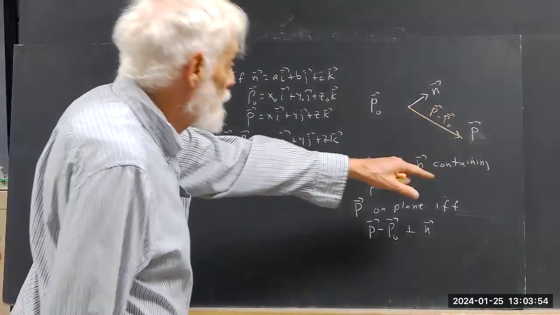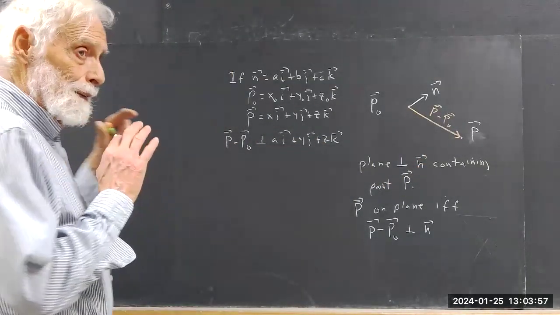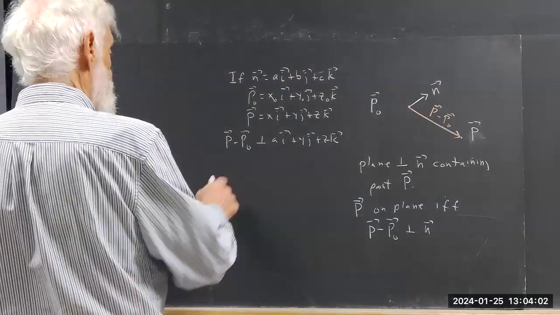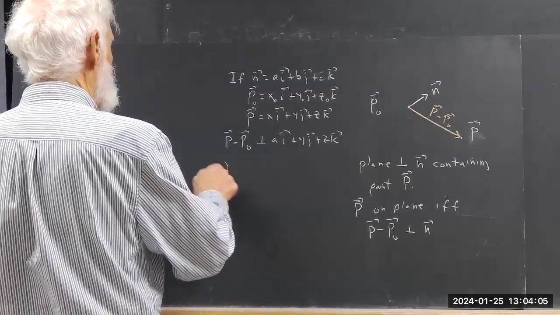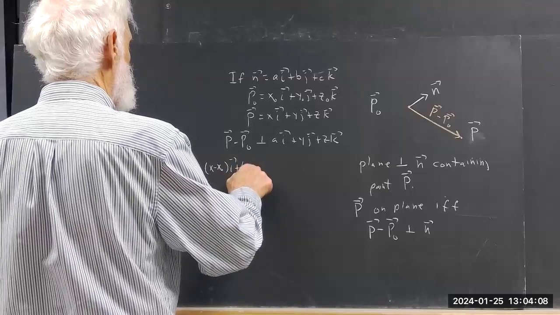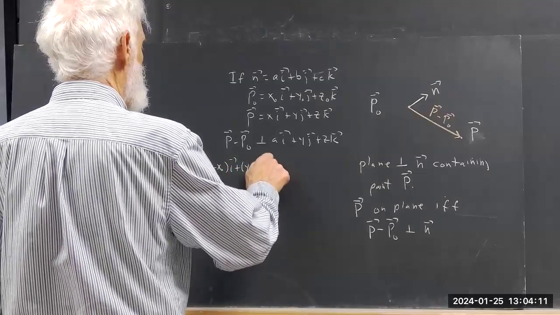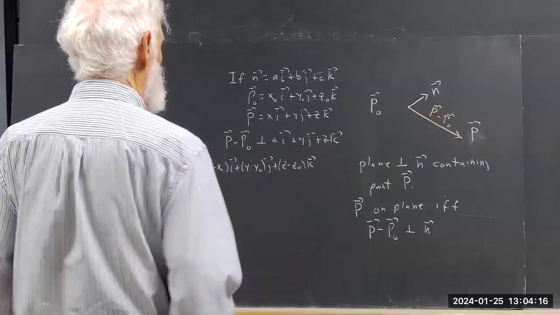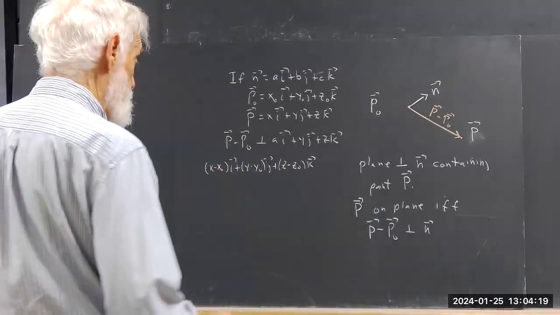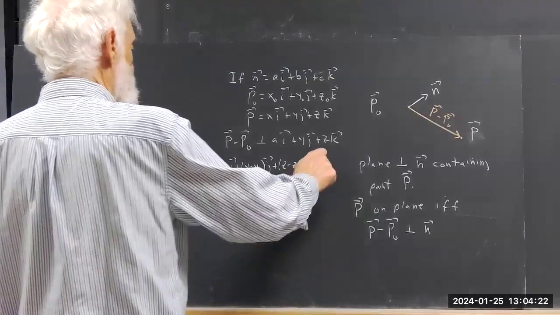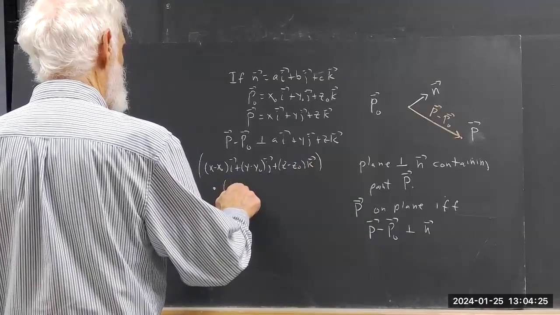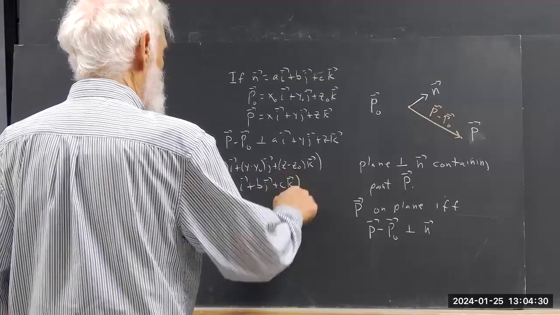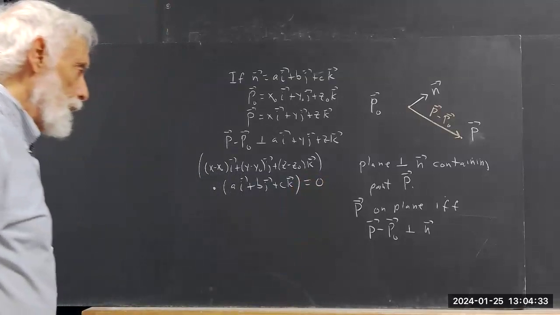It should be obvious, but you haven't been dealing with vectors in this context that long. It's going to be X minus X naught i, and so on. This vector, in parentheses, dotted with this vector, equals 0.